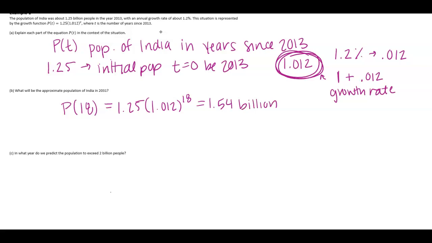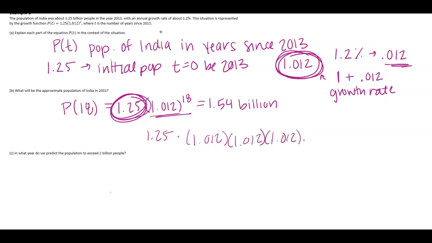Now let's make sure we understand what this part of the equation is doing. It's multiplying that initial population by this 1.012 18 times. So it's doing this for us for all 18 of those years.